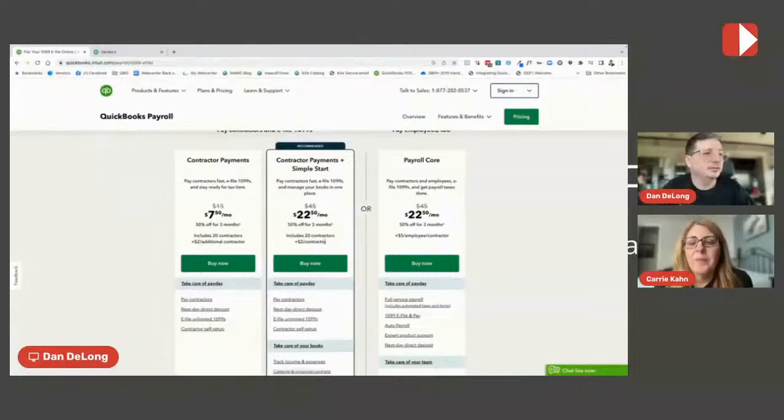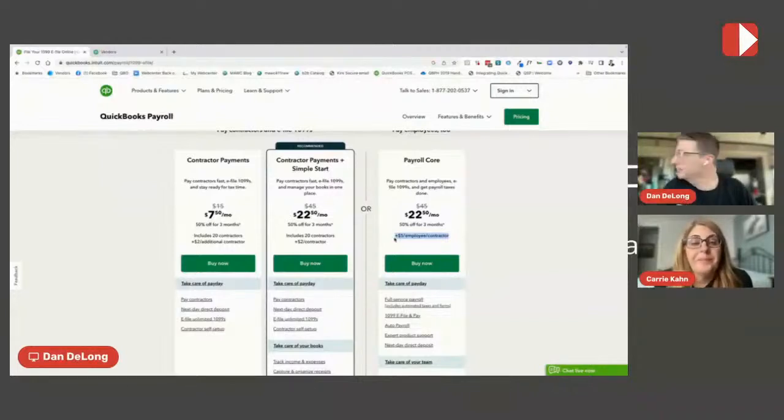I believe it's like $4 a month per contractor or something like that. But if you only have, oh, there it is over here, payroll core is over here. If you have the payroll service, you pay the payroll services, and then for the employee and/or contractor, it's the monthly service, and each person listed will have a fee per month.